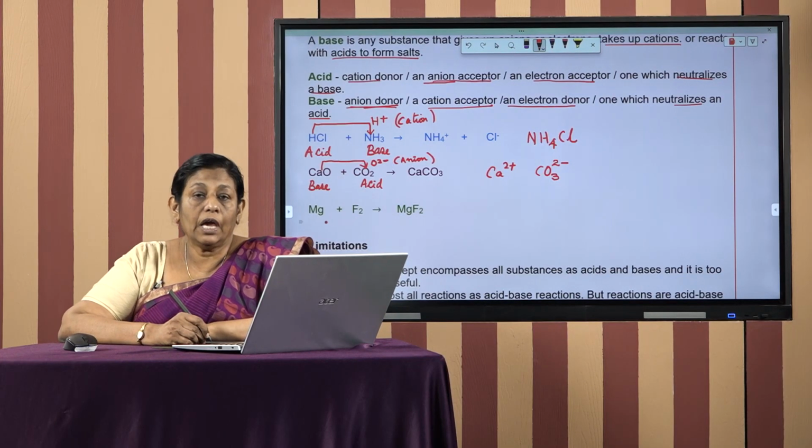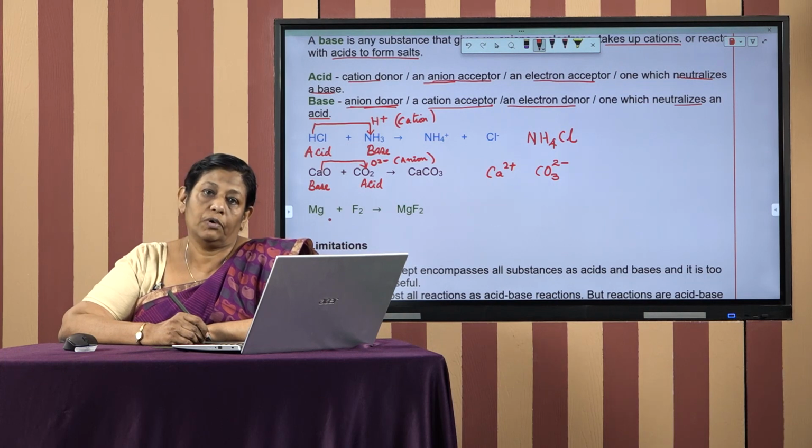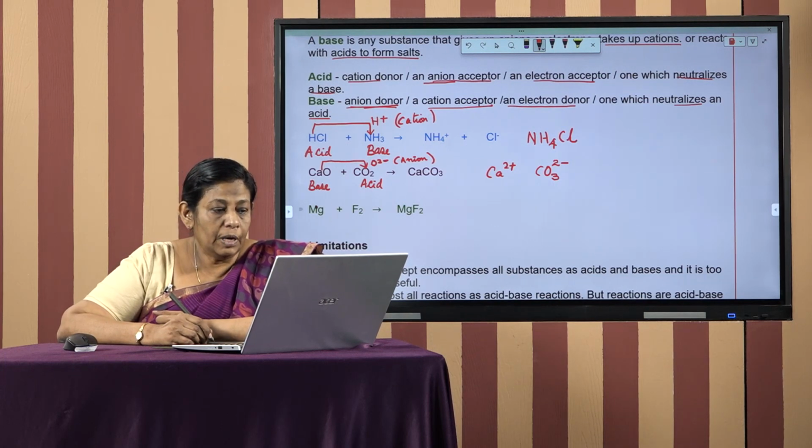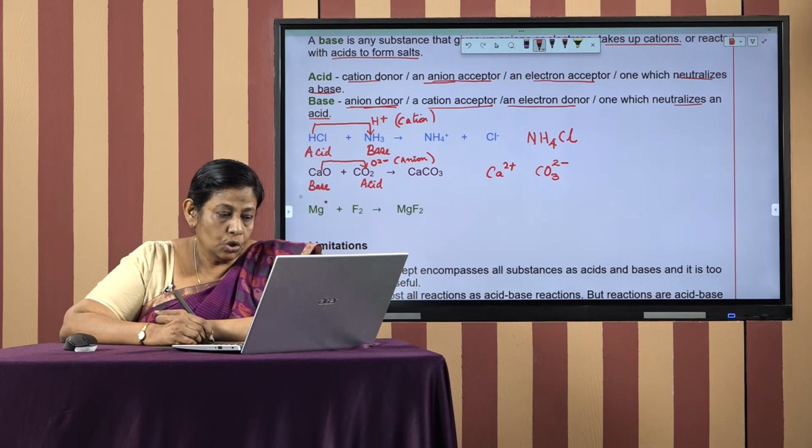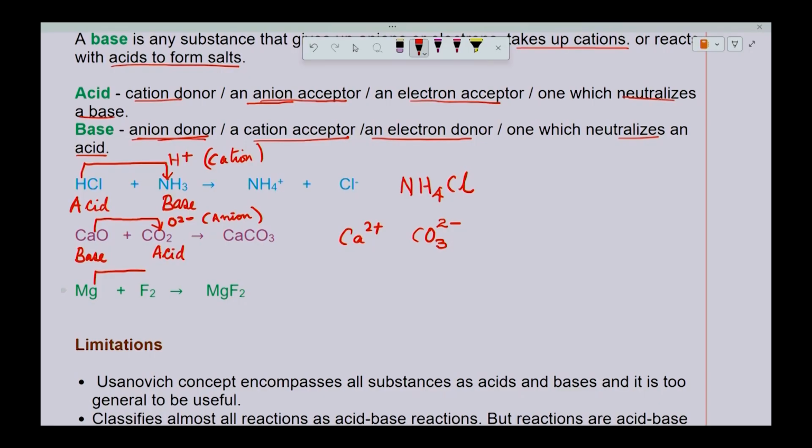Now, here we have a reaction between magnesium and fluorine. What is happening here? When magnesium combines with fluorine, it donates 2 electrons to 2 fluorine atoms, and there will be fluoride ions twice because each fluorine atom takes up 1 electron and therefore you will have 2 fluoride ions formed.